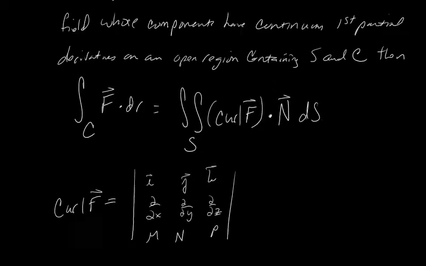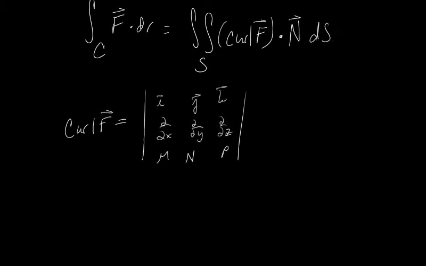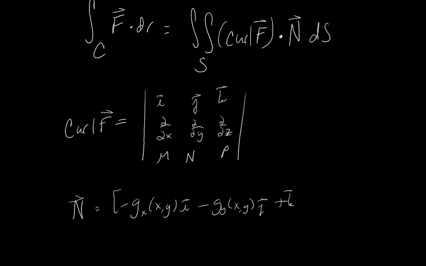And then the normal vector, if it's oriented upward, is going to be equal to negative g sub x of x,y in the i direction, minus g sub y of x,y in the j direction, plus 1 in the k direction.